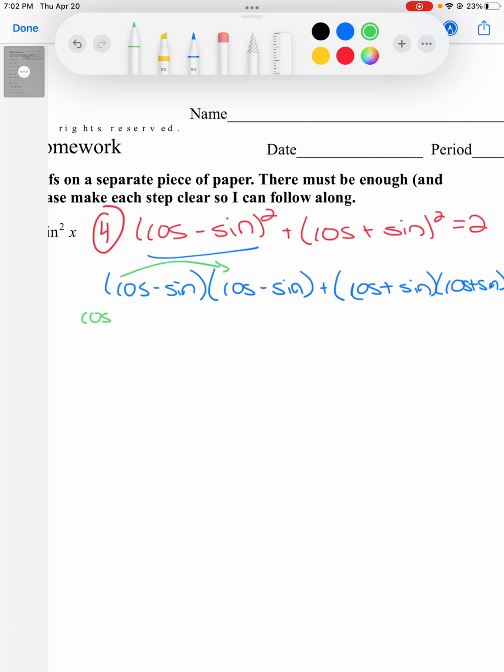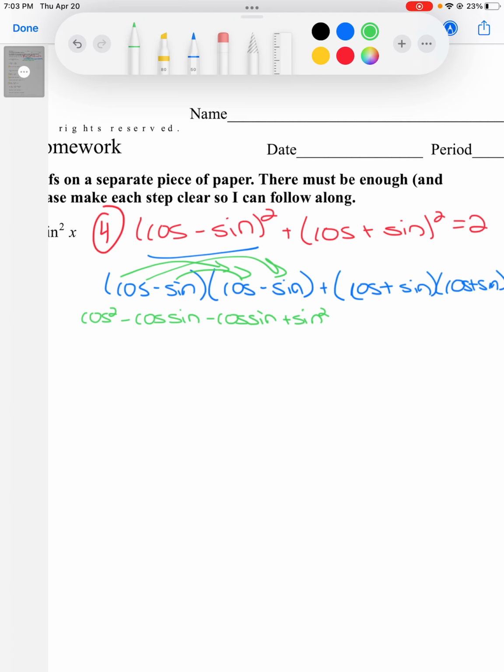So we're going to get cosine squared minus cosine sine minus cosine sine, right, because that's the second one. And the last one is plus sine squared.